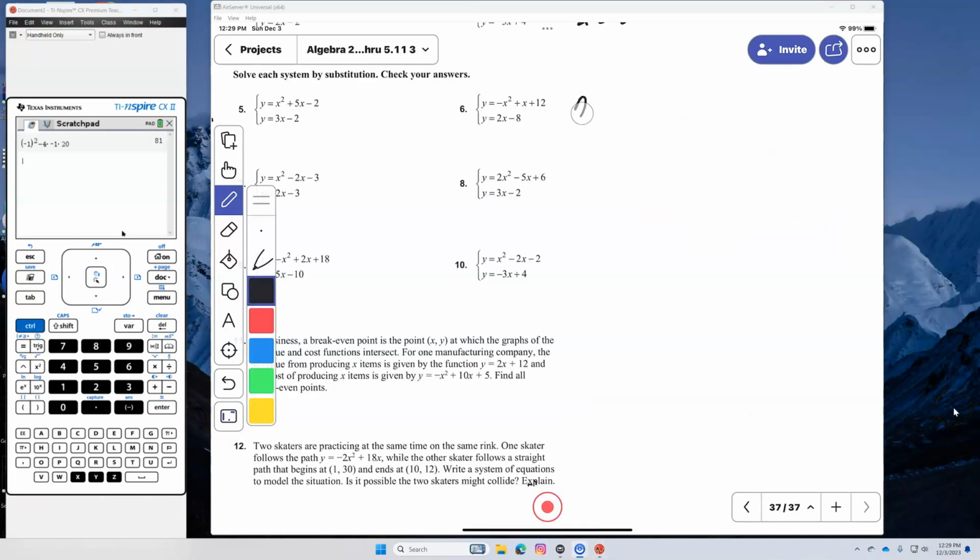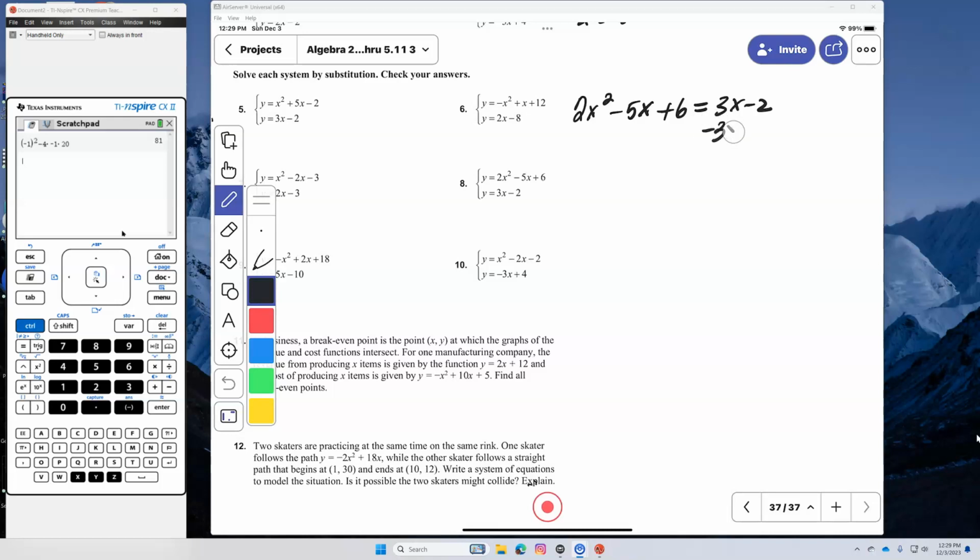Number 8, I have 2x squared minus 5x plus 6, and we're going to set it equal to 3x minus 2, since both are equal to y. Now, to use a quadratic formula, I have to make sure that I set it equal to 0.